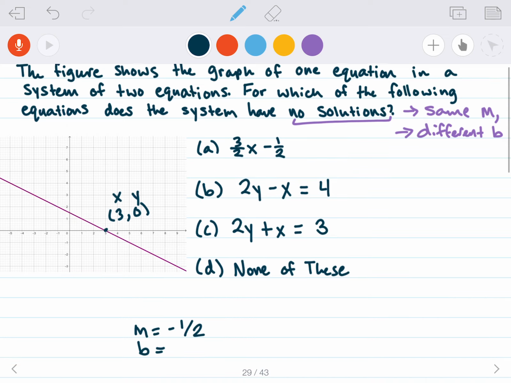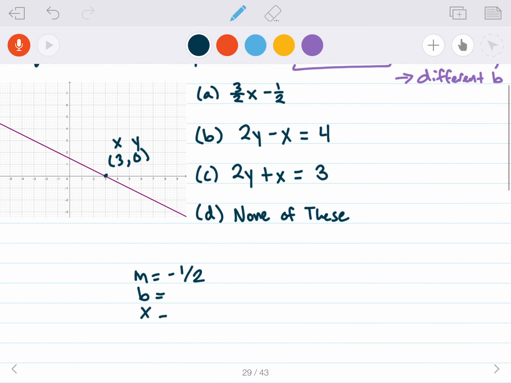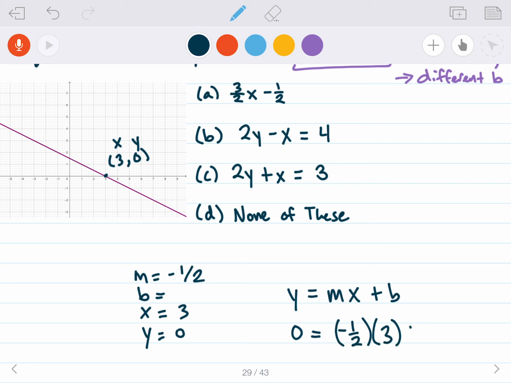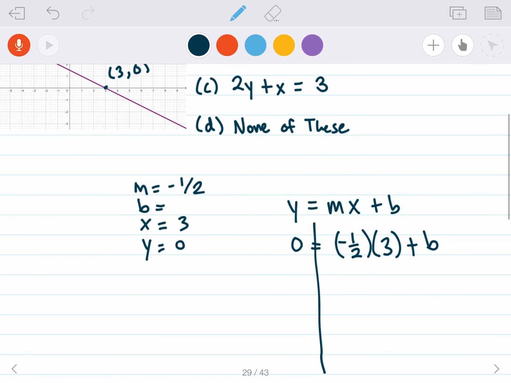So I can use this to plug into my y equals mx plus b form to figure out what b is. So remember, we have y equals m times x plus b. In this case, y is 0. m is -1/2, x is 3, and we are solving for b. So on the left side, when I multiply these guys out, -1/2 times 3 over 1 is -3/2.